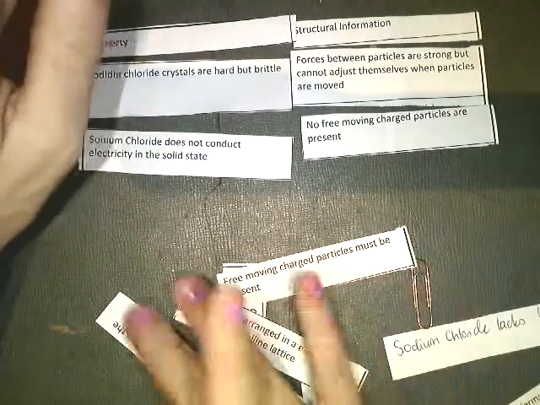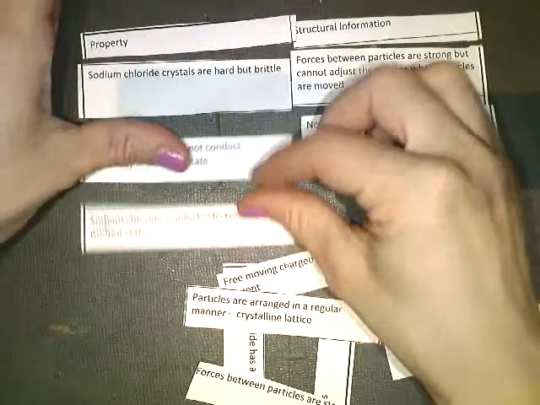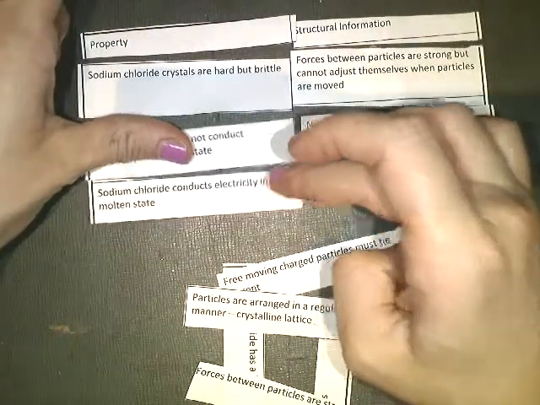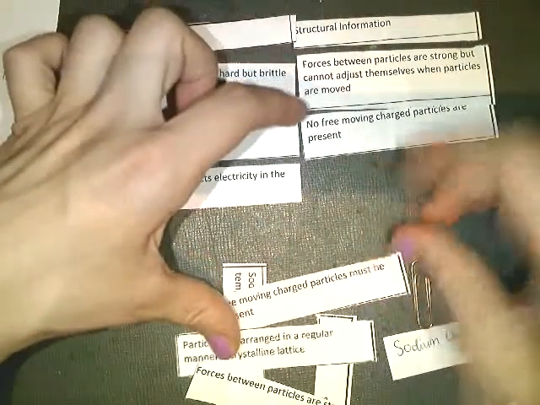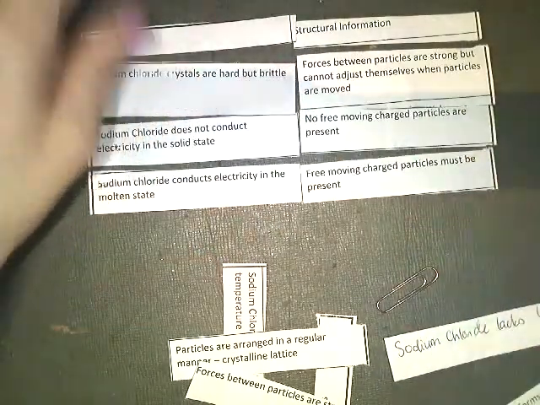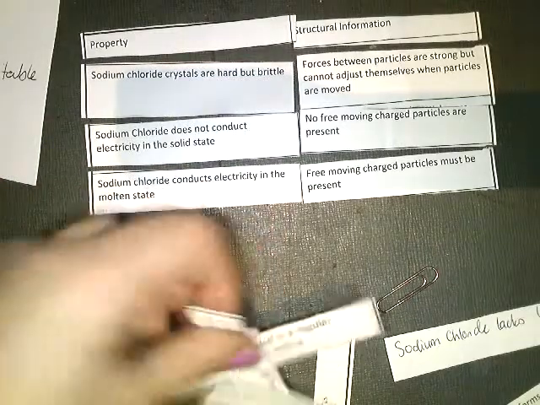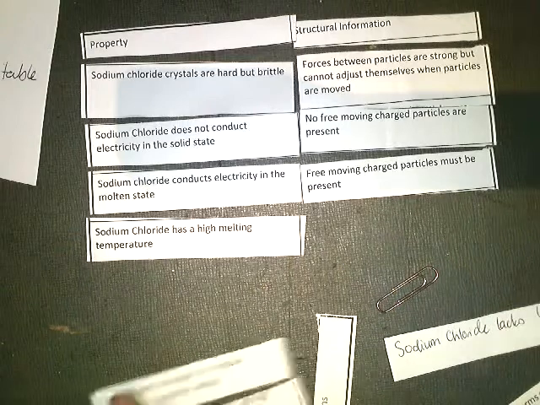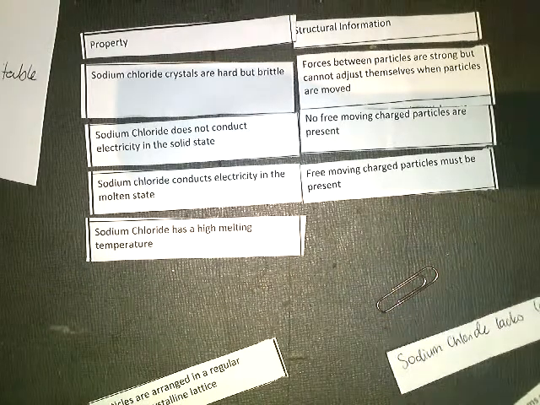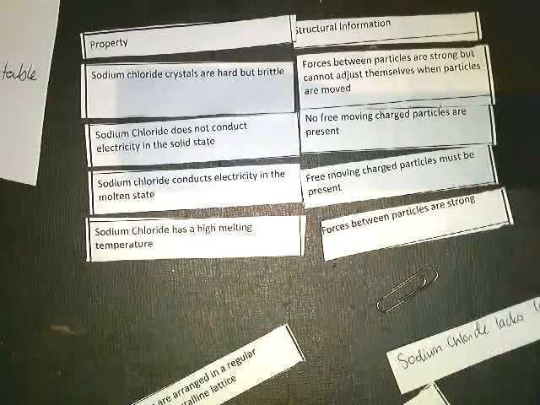If we look at another one, sodium chloride does conduct electricity in the molten state, so when it's a liquid. This indicates that free moving charged particles are present. And how about sodium chloride has a high melting temperature? Well, if it has a high melting temperature, it must mean that forces between the particles are strong.